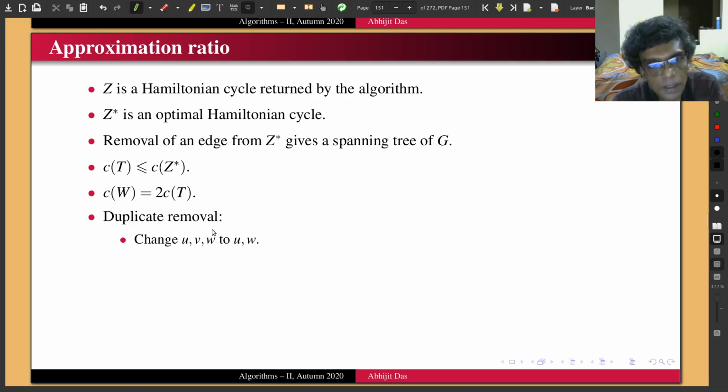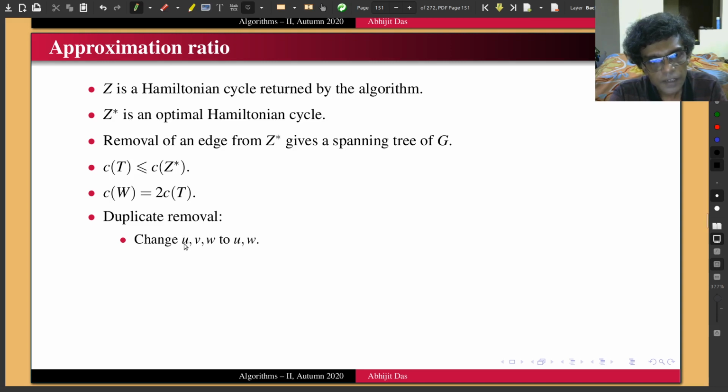It's something like this, changing U, V, W to U, W, because duplicate removal means that V has appeared somewhere earlier.